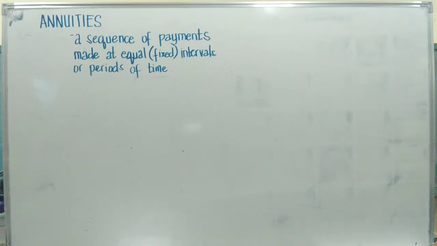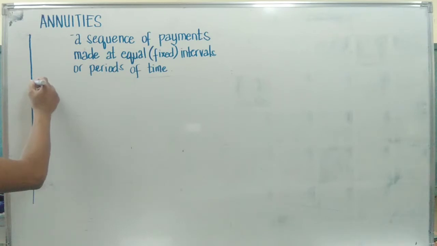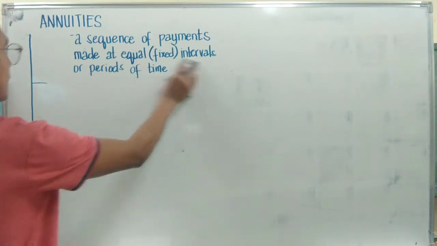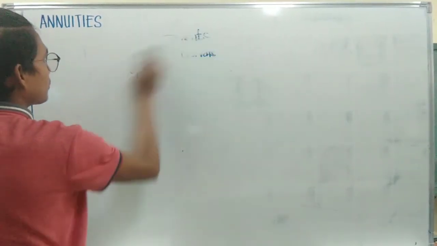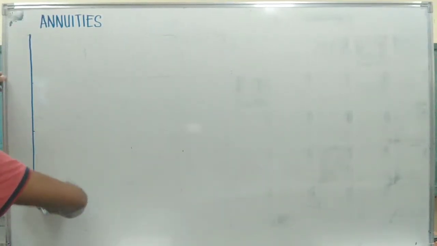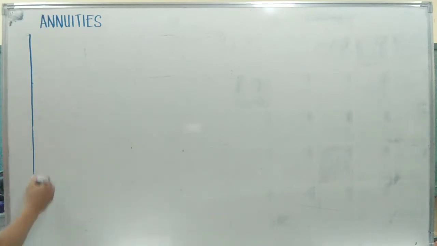To let you familiarize the basic types or kinds of annuities, let us classify them into three basic concepts. Please take note. Annuities are classified or subdivided into three types.